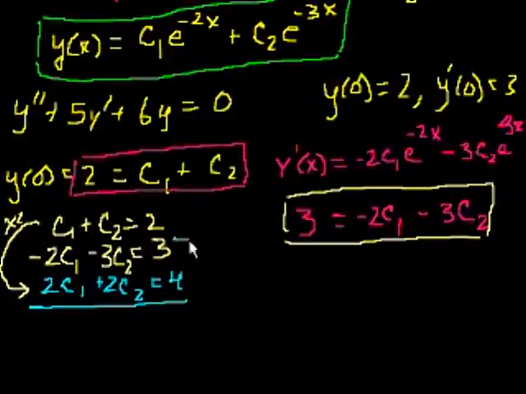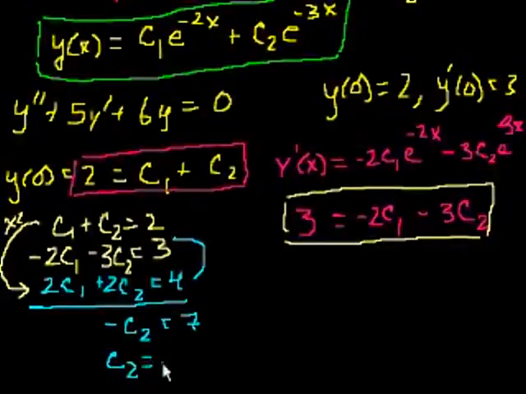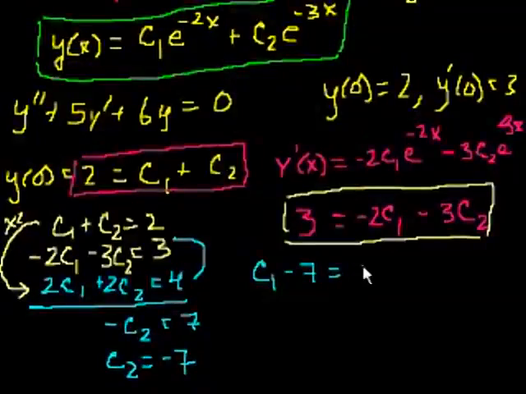Now we can add these two equations. -2c1 plus 2c1, those cancel out. So -3 plus 2, you get -c2 is equal to 7, or c2 is equal to -7. Now we can substitute back in here.